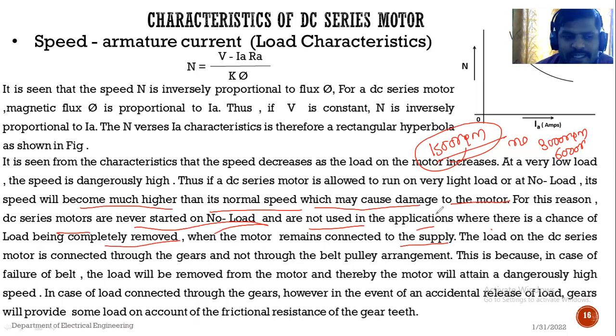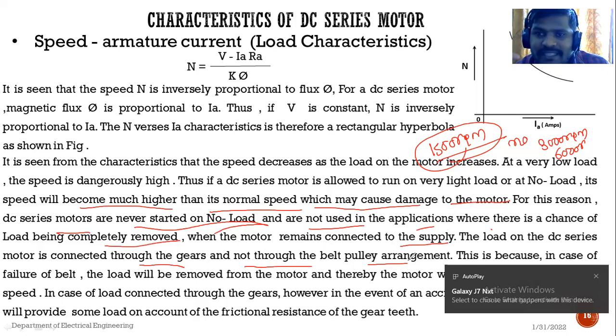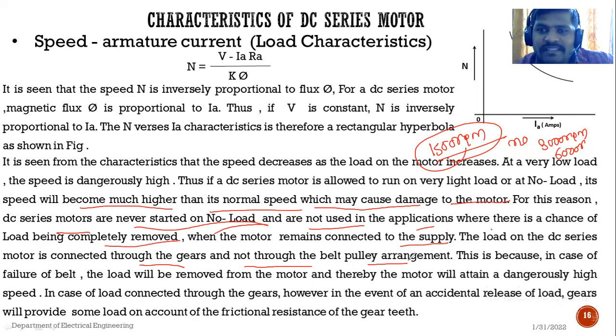So see, the load on the DC series motor is connected through gears and not through a belt pulley arrangement. Generally the load put on a DC series motor is put by using a gear arrangement. Because of the gear arrangement, some load is always present on it. If we are using a belt and pulley arrangement, then sometimes if the belt breaks down suddenly, the motor becomes a no load condition, right? Or the belt slips.